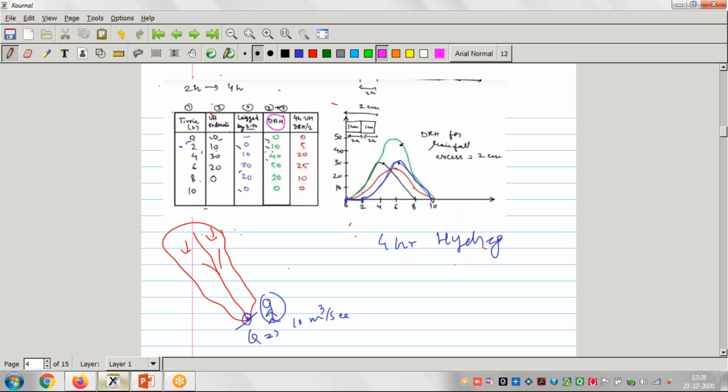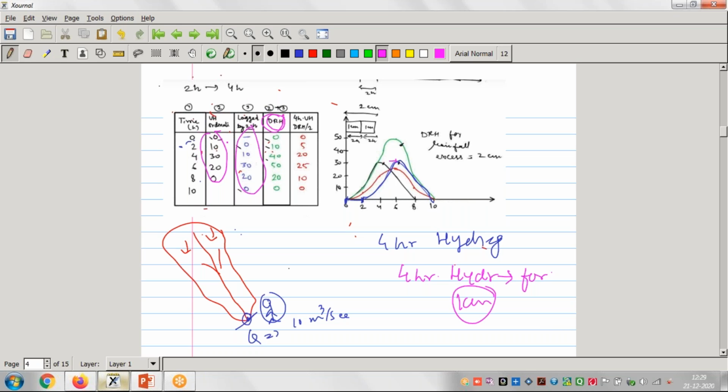What we are doing is adding this blue one and this one, these two we have added, right? So we got this direct runoff hydrograph, but we want the 4 hour hydrograph only, for 1 centimeter rainfall.